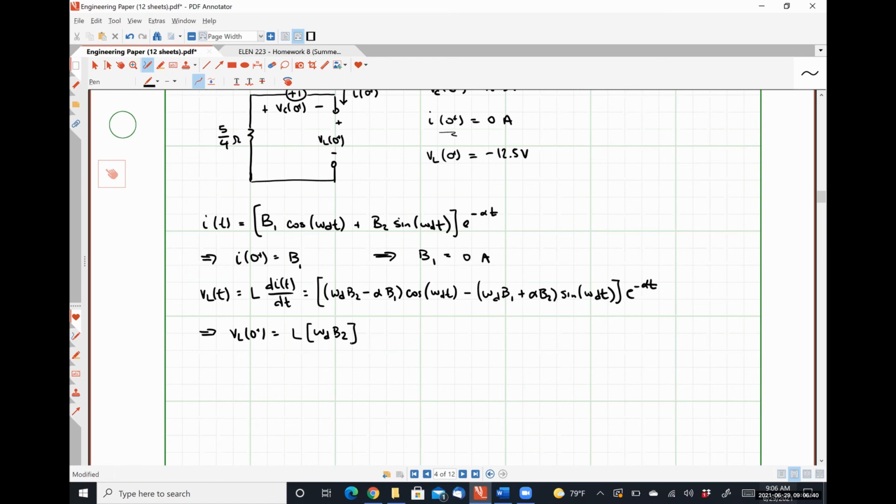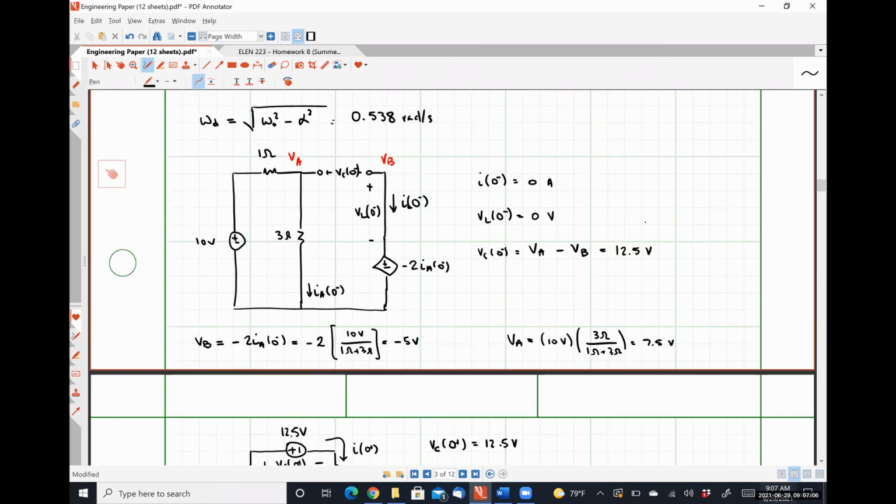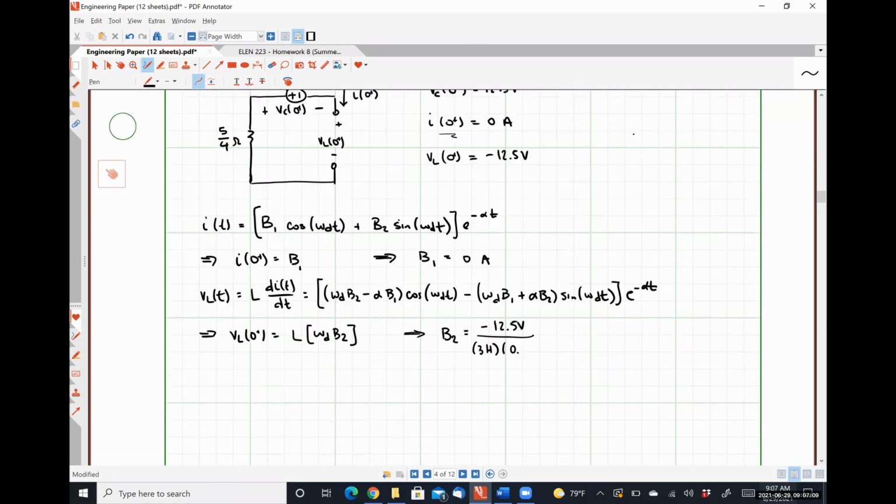So B2 is equal to VL at 0 plus, which is negative 12.5 volts, divided by L, which was 3 henries, and omega d, which was 0.538 radians per second.